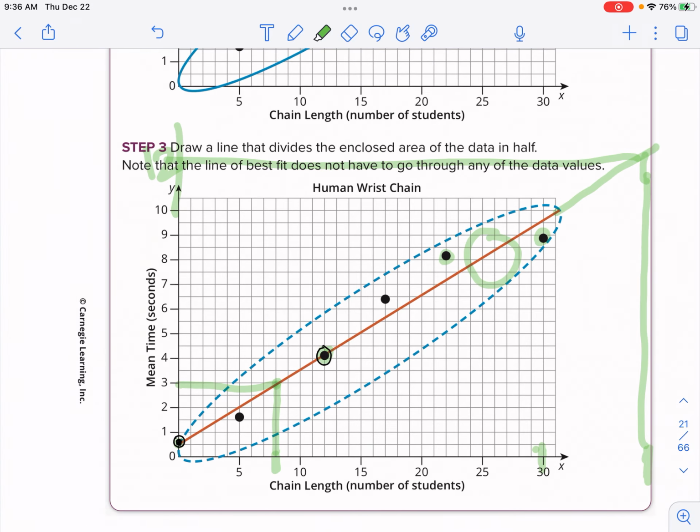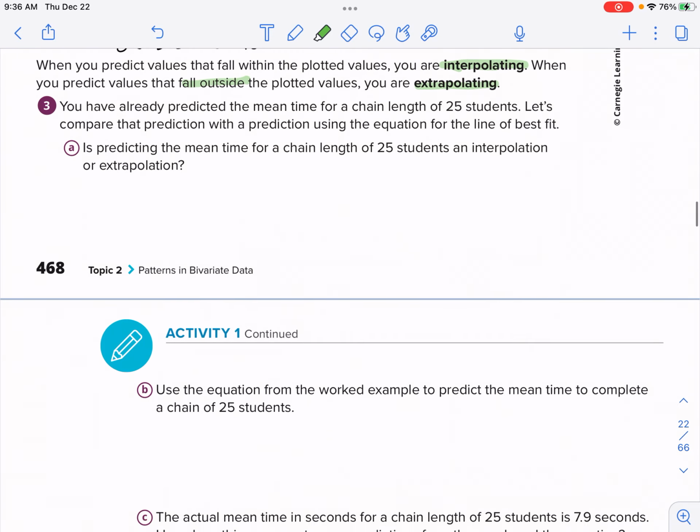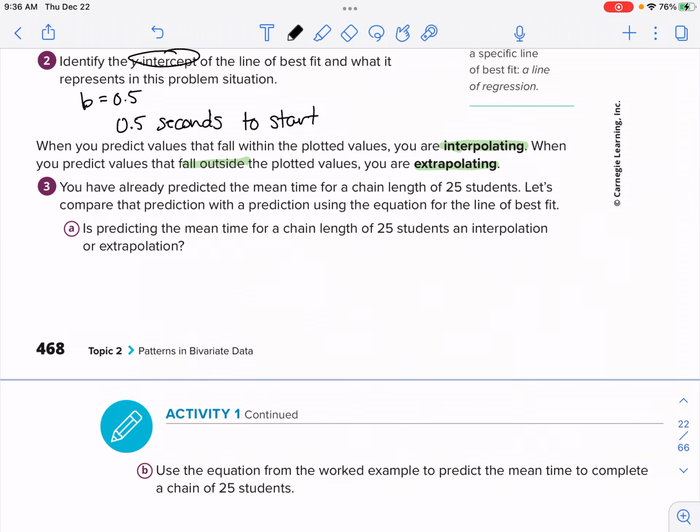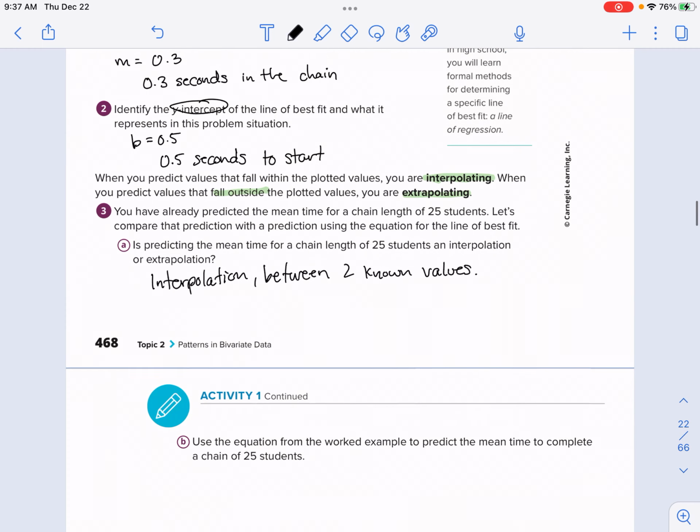That is in between 2 known values. So that is interpolation, right, because that is between 2 known values.